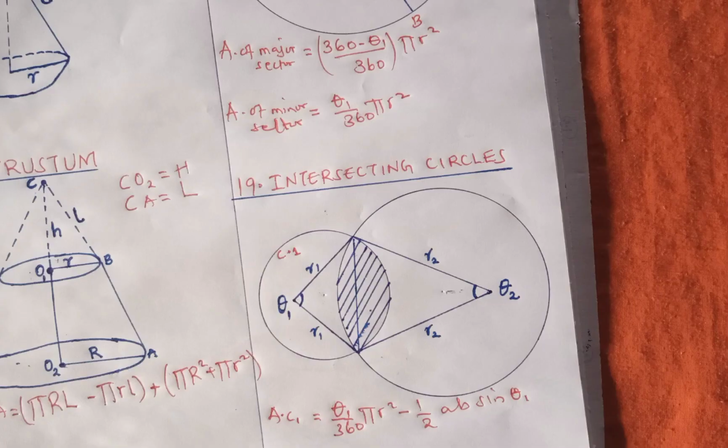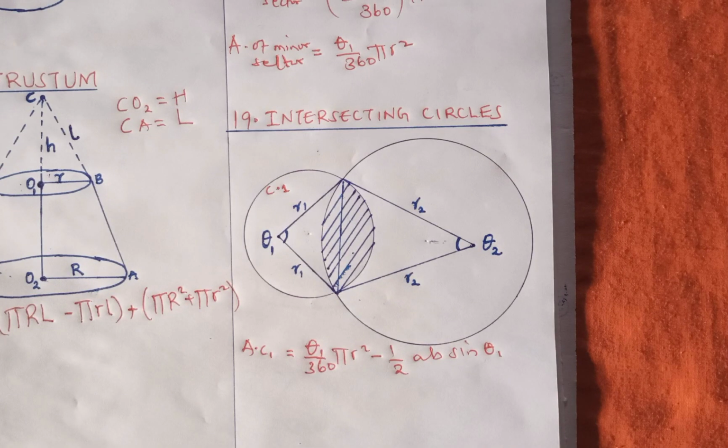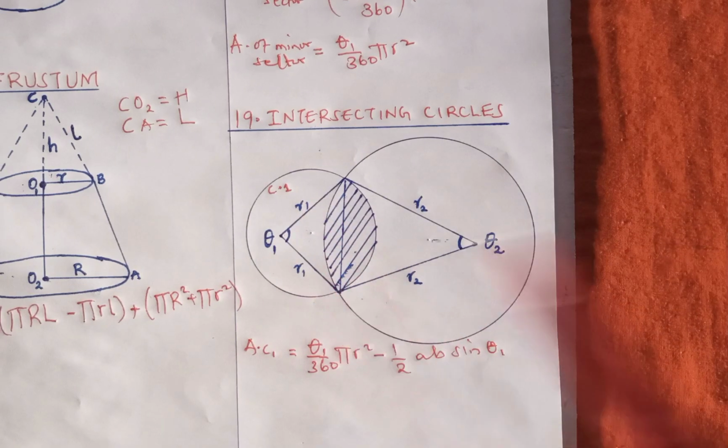AB simply means R1 times R1, since both sides are R1.